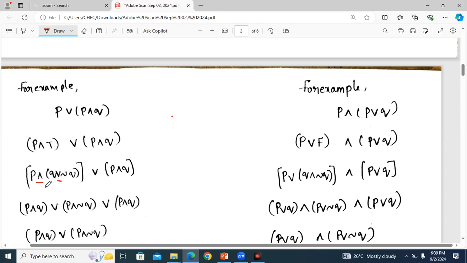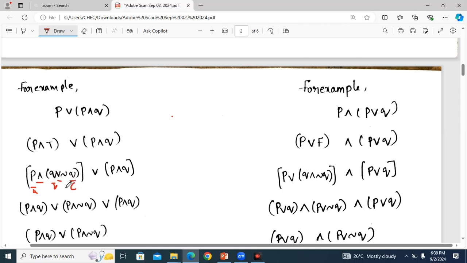Then we apply the distributive law to this form. Here we consider A, B, C, so this is in the form A and (B or C).